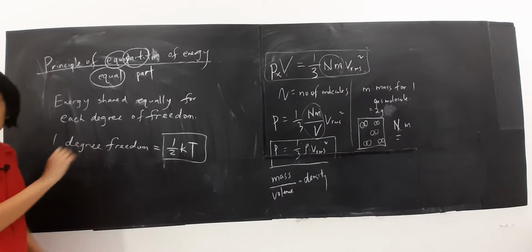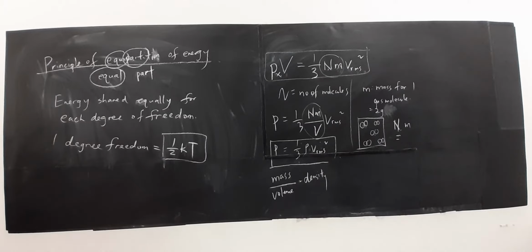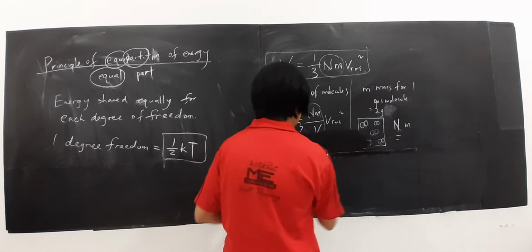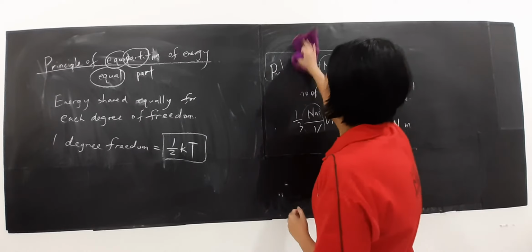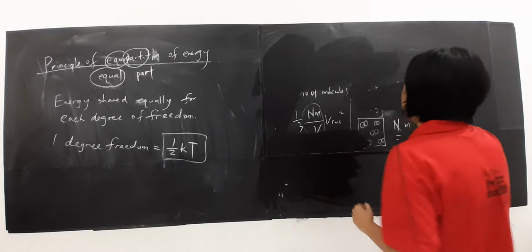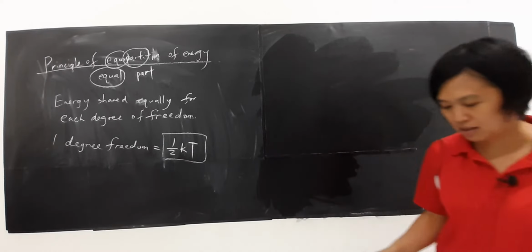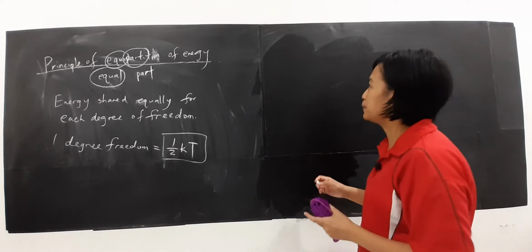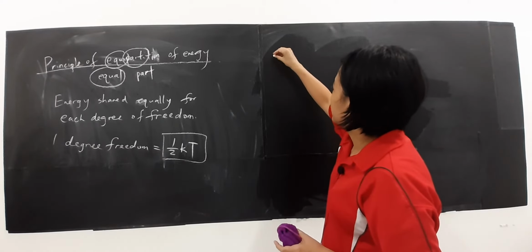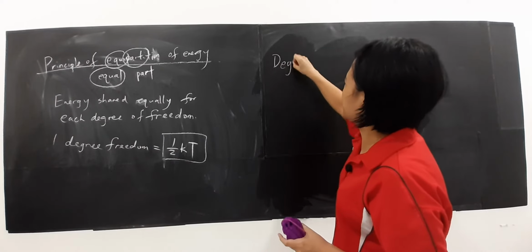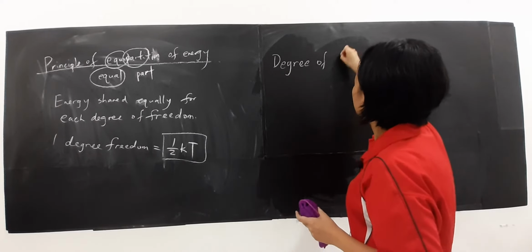Okay, what is meant by degree of freedom? For information, it is important for you to define the meaning of degree of freedom. So we look at the definition for this term.